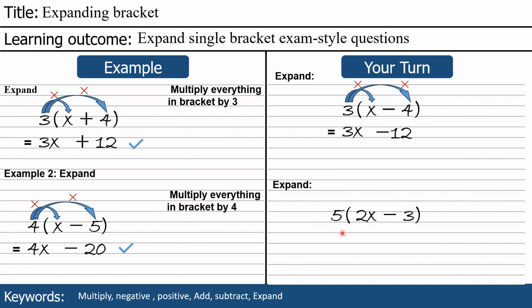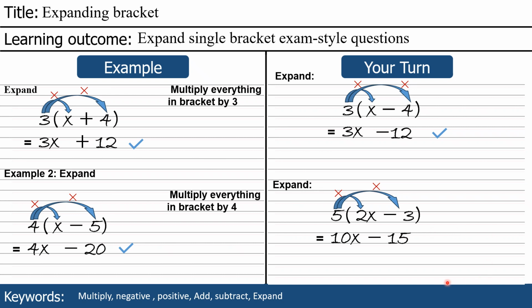Okay, let's try this question. Expand, okay, 5 multiplied by 2x is 10x, then 5 multiplied by minus 3 will give you minus 15.